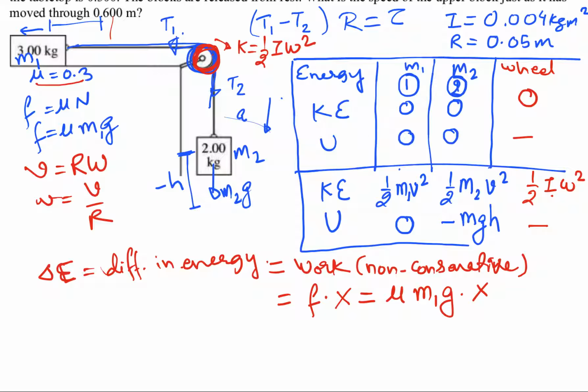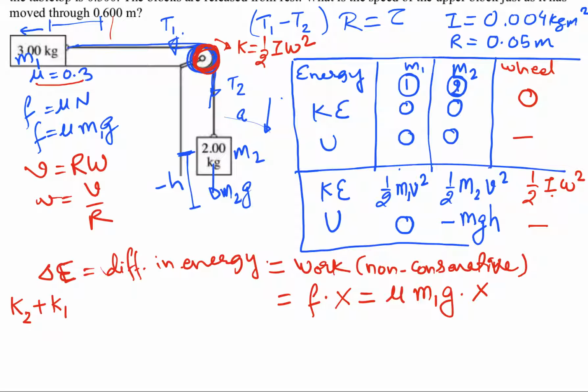So basically you're going to write down, for example, the kinetic energy of the second mass, final minus initial, or you can go initial minus final, and then the kinetic energy of the first mass.